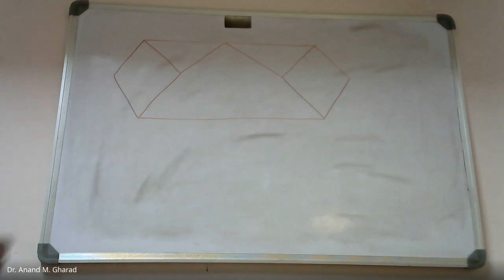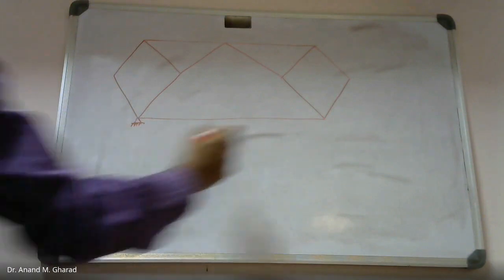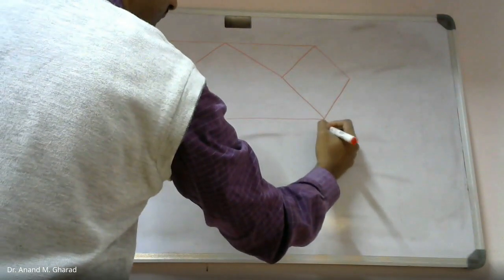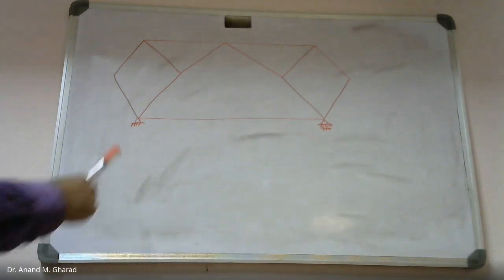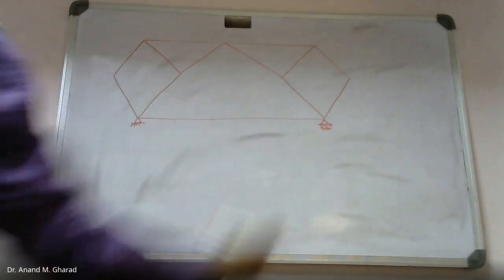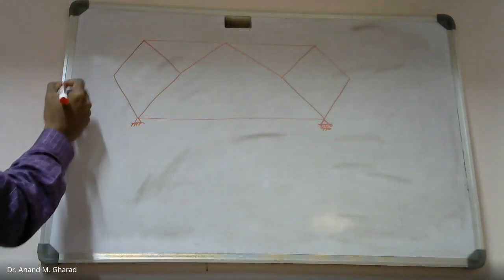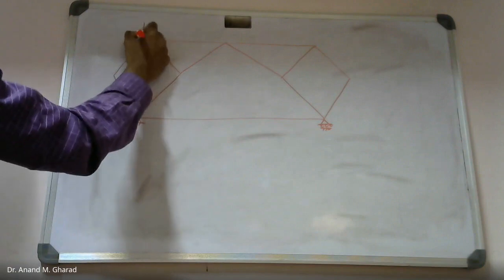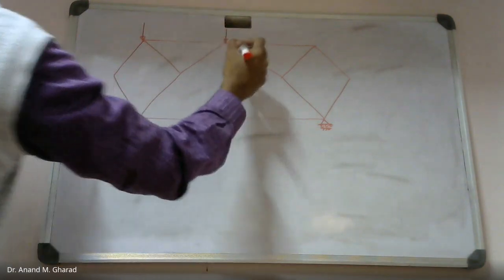This is a truss structure which has a hinge and a roller support. That means the reactions can definitely be identified, because there is one hinge and one roller support. Then there are a few loads acting in this manner.